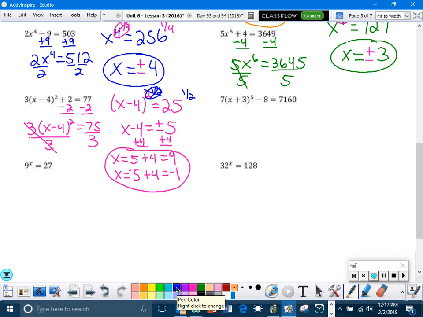Okay, next one. Now, I'm going to look. Oh, I noticed right away I've got an odd exponent. I don't have to worry about two answers. So I'm just going to solve it and get an answer. Okay, again, I've got to start by adding 8.